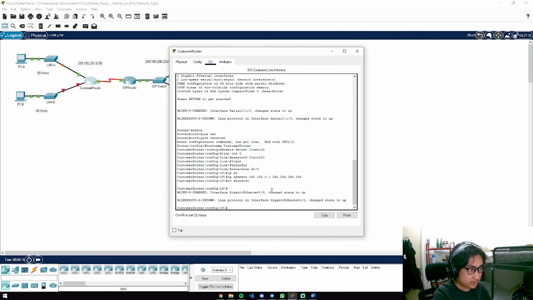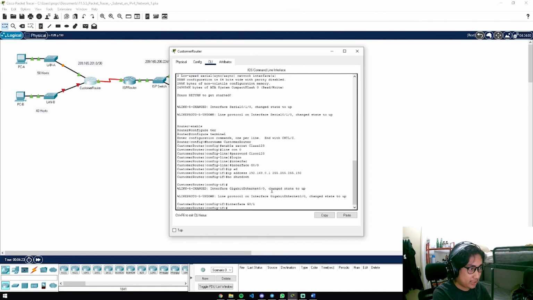As normal, we do the same thing again: interface G0/1, and then we type in its IP address, 192.168.0.65, with subnet mask 255.255.255.192.